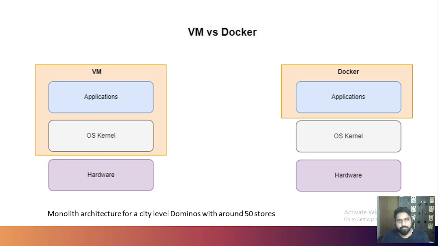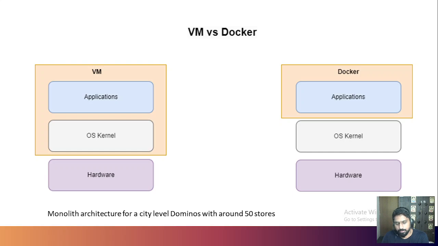So what a VM does is, when you install a hypervisor on top of the hardware, it virtualizes an OS for you. That means if you're using a physical server, you will have one physical server, and on top of it you can install only one OS. That is basically considered a single server.